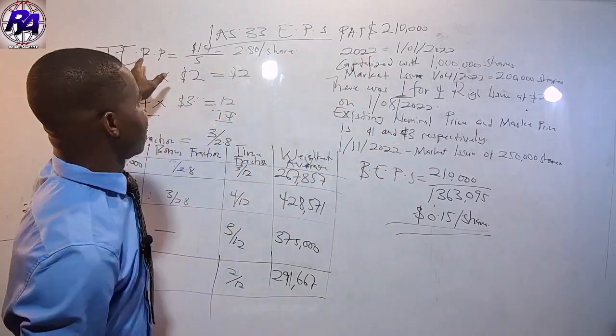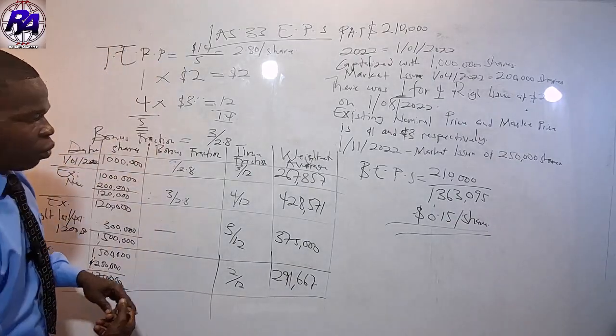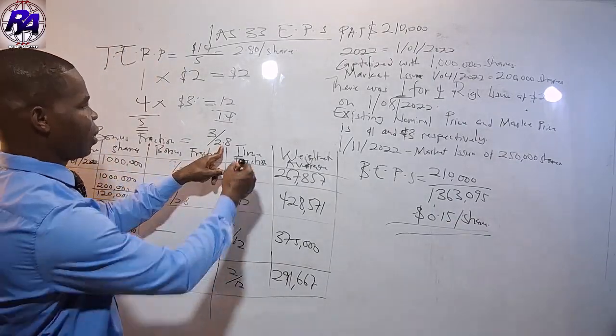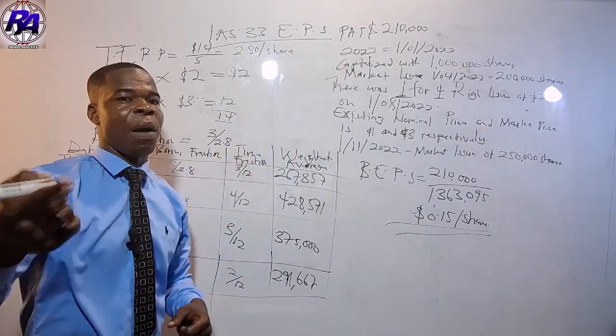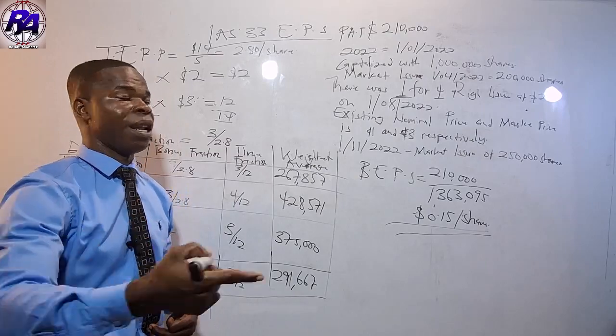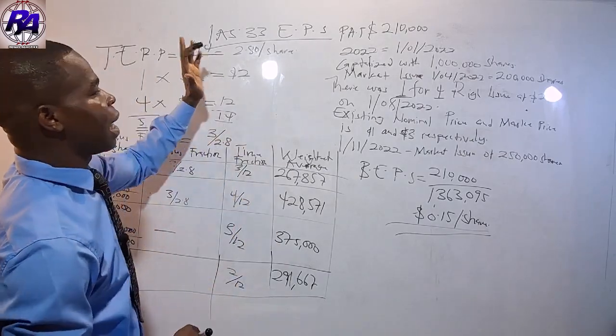First, you need to determine your theoretical ex-rights price, because your bonus fraction is always the market price before the rights issue, all divided by your theoretical ex-rights price. And I've shown you how to determine the theoretical ex-rights price.